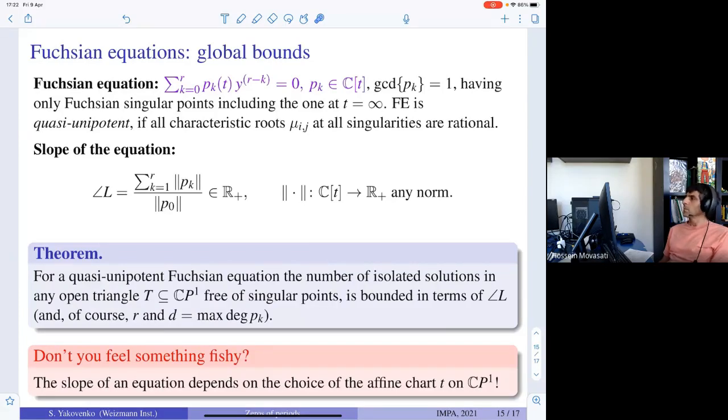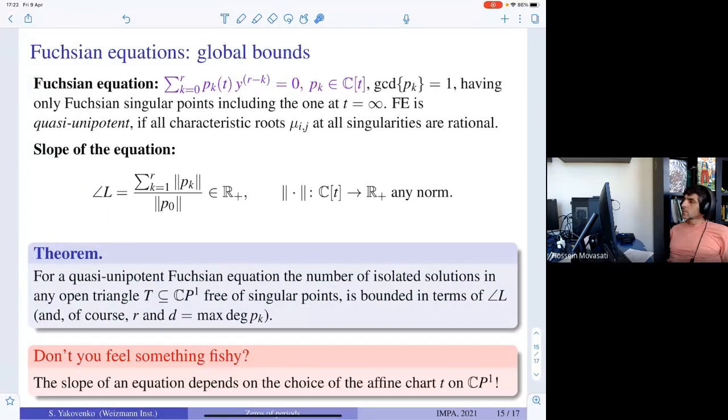Okay, so now I will consider only Fuchsian equations, meaning equations which have only Fuchsian singularities on the projective line, including the one at infinity. For such equations, I can introduce a number, which you are already familiar with.